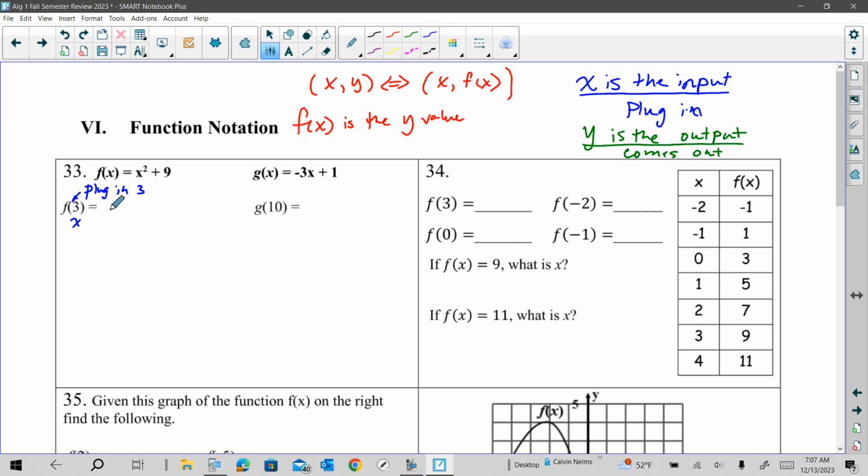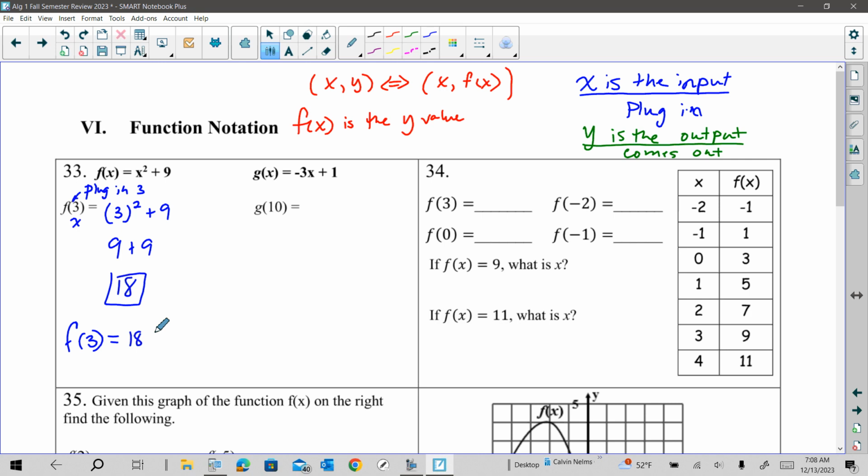So when I write this for my x squared, this would be parentheses 3 is inside of where the x is, then square it, then plus 9. So this would be 9 plus 9. So the output is 18. So f of 3 equals 18. Okay. So I want you to try g of x when x is 10. Try that one. Don't forget about your sign.